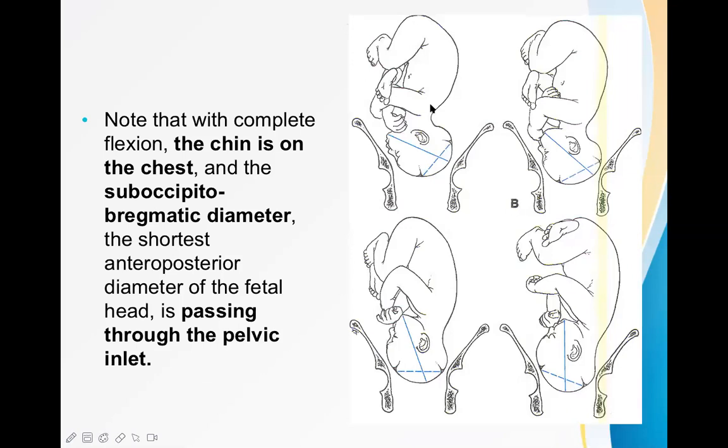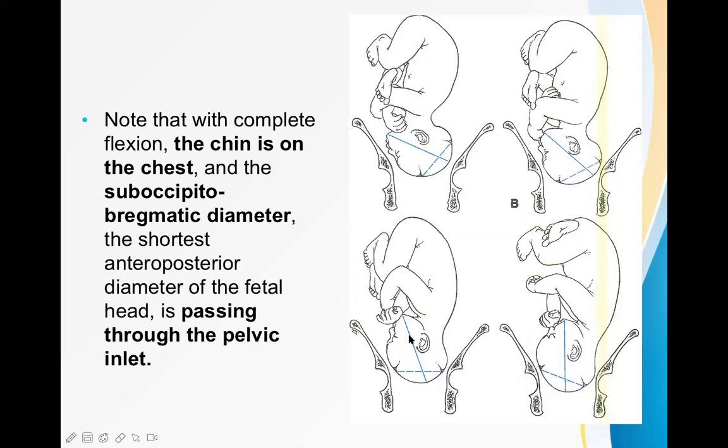Now, please pay attention to this slide. See that. So what is happening here? Let's follow one after the other. Just compare this. This was the position when it is entering into the pelvic cavity, and slowly when it reaches the pelvic floor, see that, it gradually starts to flex.